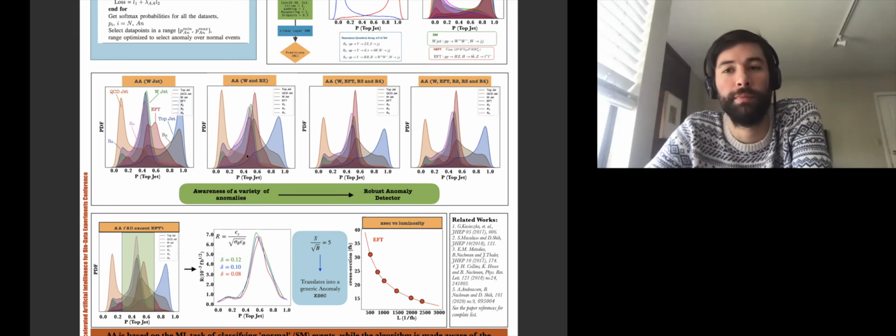You need to make it aware of a varied enough number of anomalies to make it robust against a varied set of unseen anomalies. So for example, here you do the training for WZ, but for this one, even if you select the window somewhere here, you still have a lot of events in this range. Okay, I see. Thanks.